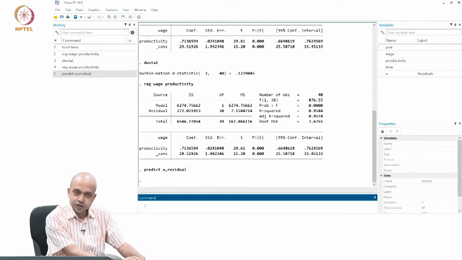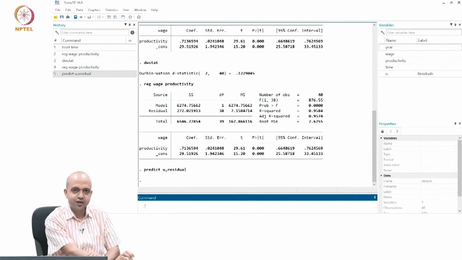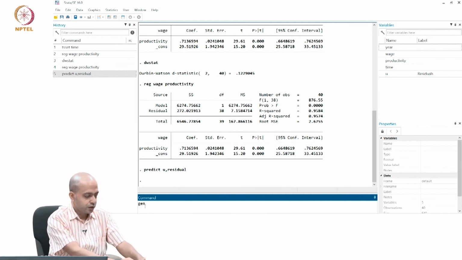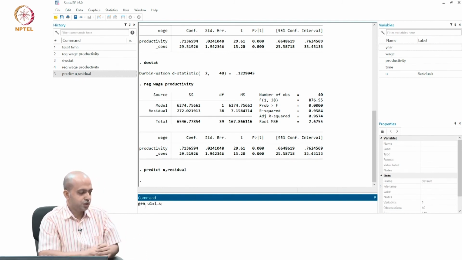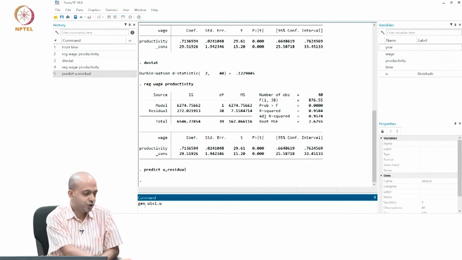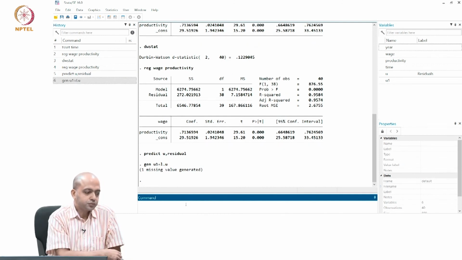So, here is the specific command I will be using to get the lag values. Again we have to use the gen command. Let us say I give the name u1 for the first order lag, and the command is L dot u. This command you have to remember: L dot u gives the first order lag. Then you press enter. So, u1 is actually ut minus 1 hat.